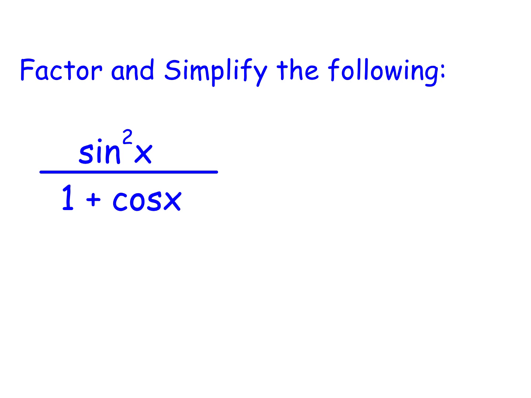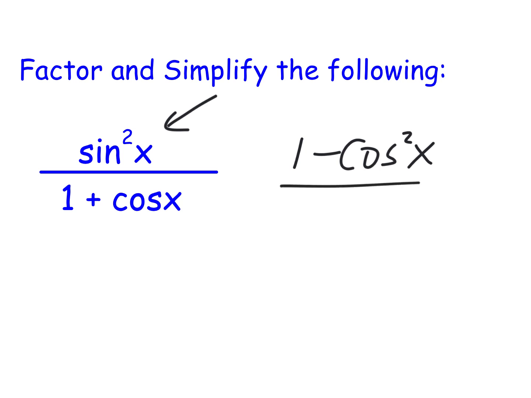What do you think's the first step? Yes! 1 minus cosine. Why did you think that was a good idea? You were right, but why? What made you think to do that? Because the bottom had a cosine. Yeah. If we can make the top and the bottom both have a cosine, then there's a chance we can make them cancel.